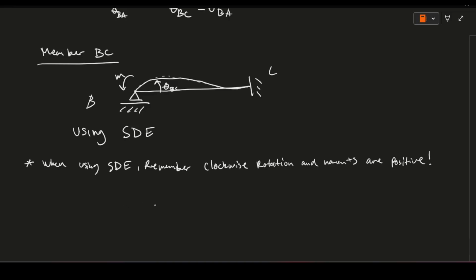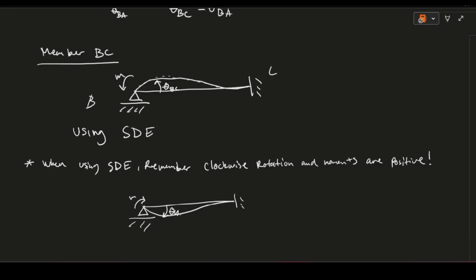To illustrate this, if I were to draw this diagram again, but in the clockwise direction, the M would point this way and the slope would hold down like this.